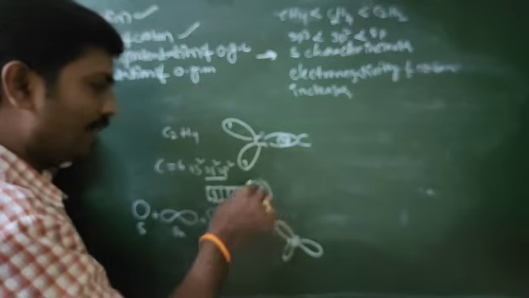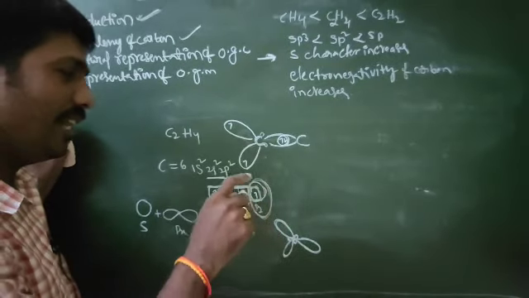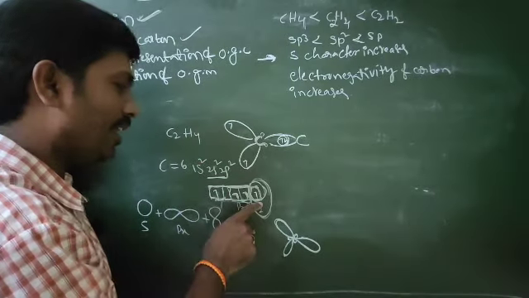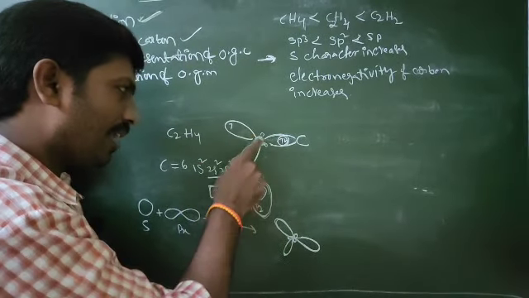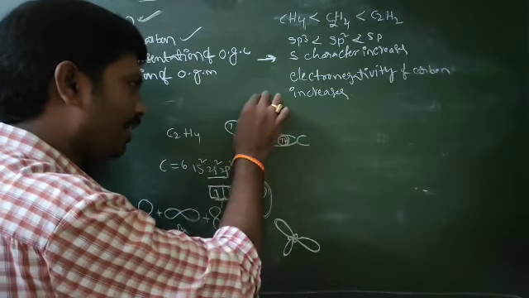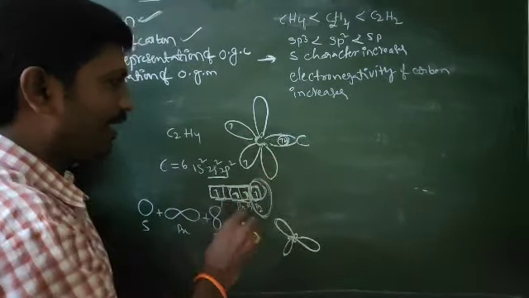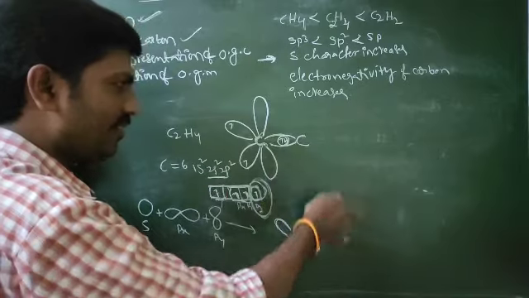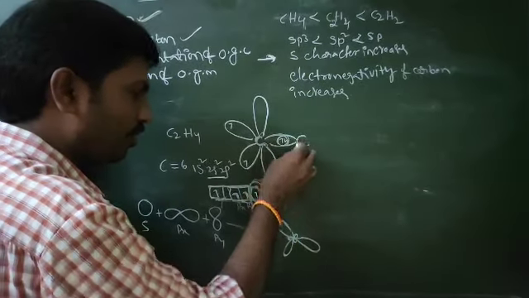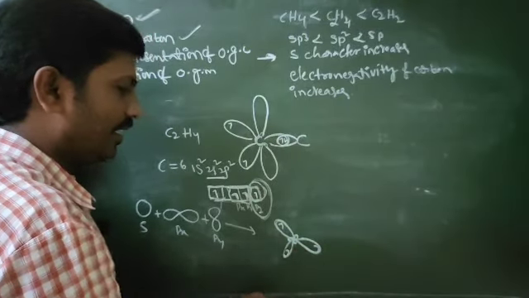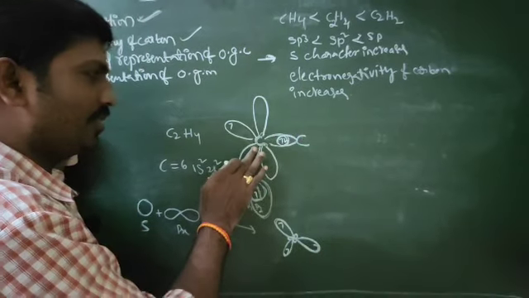This orbital is not participated in hybridization. That orbital belongs to this carbon. I want to write it like this, both loops big. The same structure we will write here. Already one I wrote, that has 3 electrons. One more carbon; this is one, this is one more.